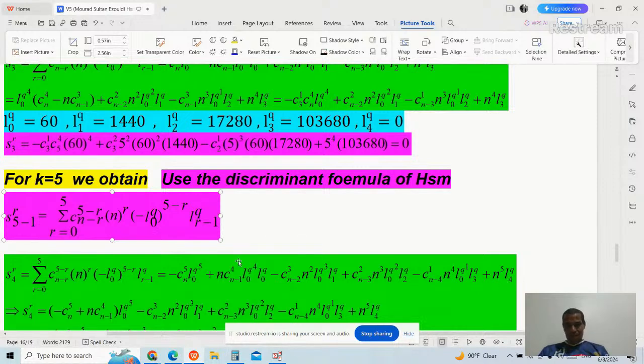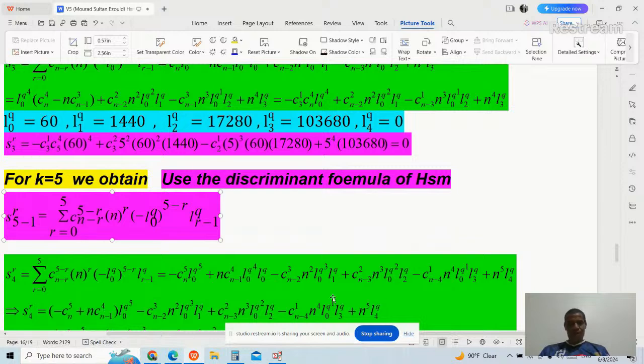Now, learners, you can see these two terms. The rest has to be written as they are, not changed. But I'm going to simplify the first two terms only, when r equals 0 and when r equals 1, because there is something in common. I will just write negative combination n choose 5 plus n combination n minus 1 choose 4.